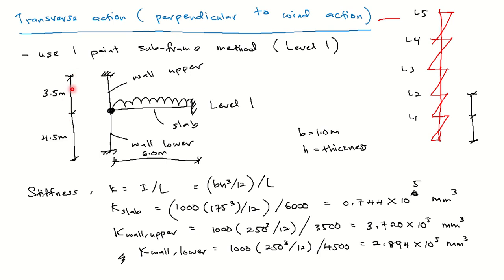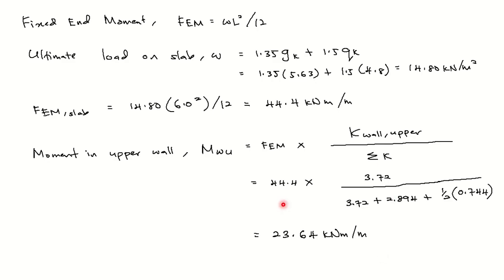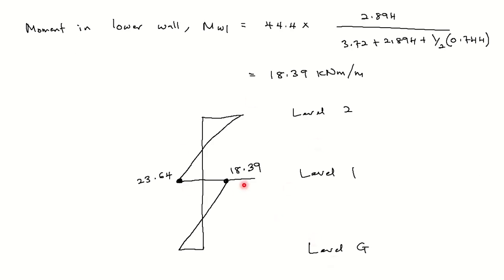For level 2, you have the same height, 3.5, and this one here is also 3.5. So you will get the same K for K wall upper and K wall lower. So it might bring different values for the moment in upper and lower wall compared to level 1.